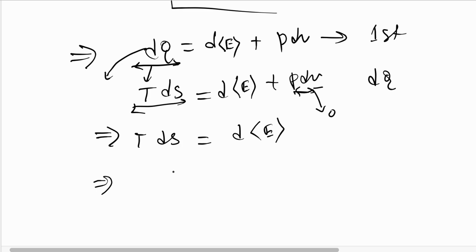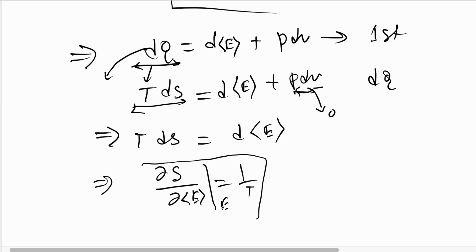So we can write del S del average energy equals 1 by T at equilibrium, with the other things constant. I get this formula from these laws also. You can't derive these laws; they come from observation.